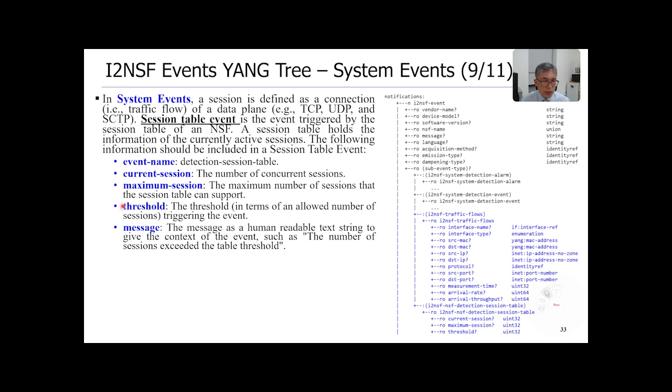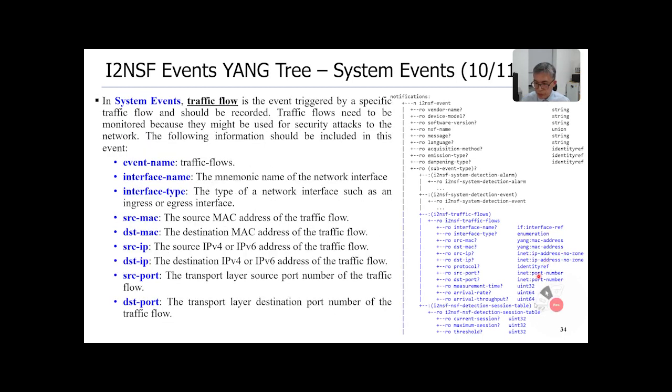So the fields are event name, current session, maximum session, and threshold in terms of the allowed number of sessions triggering the event, and a message, such as the number of sessions exceeded the table threshold. So on the right hand side we can see the system event for session table event here.